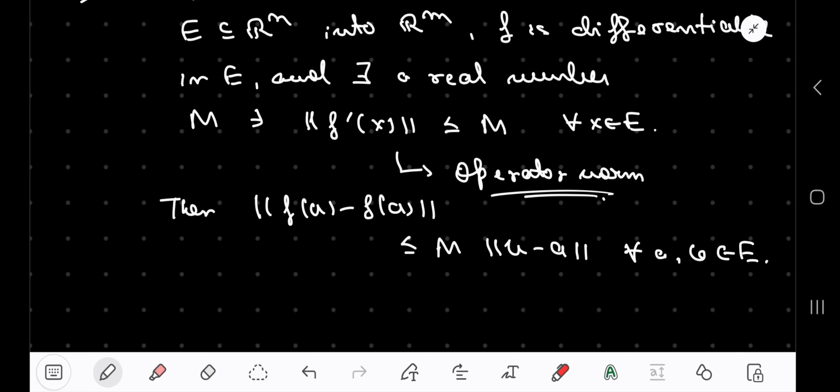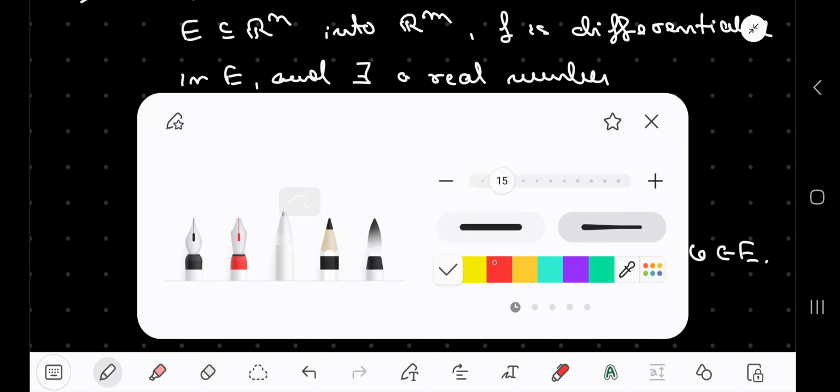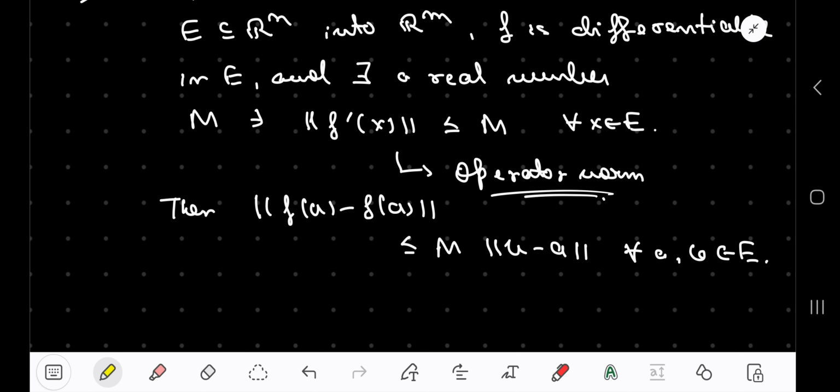Okay, now this seems to be quite easily observable, because you can think of it in this way: if you bring the norm of b minus a to the left hand side, and then you take the limit b goes to a, then you should readily come to the derivative.